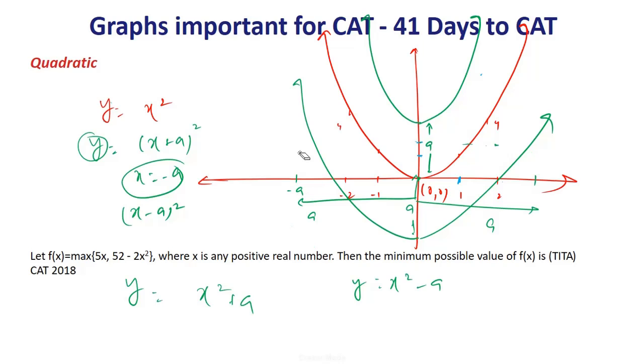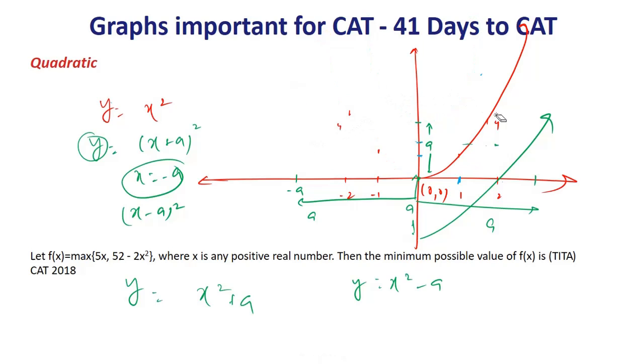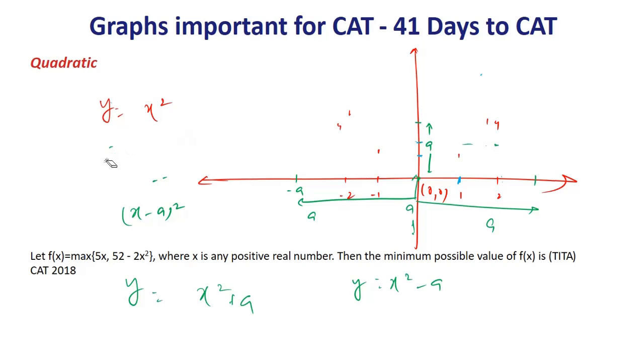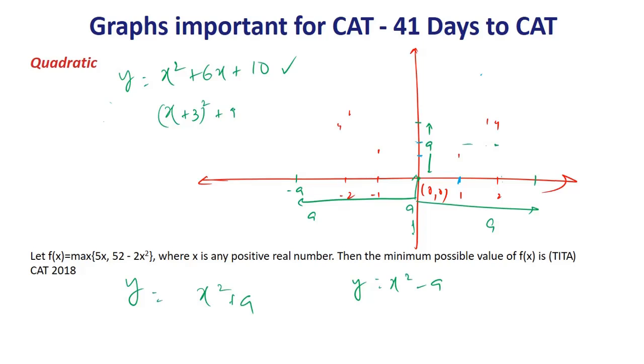Now let's take a full-fledged quadratic equation and quadratic expression and draw its graph so that we are absolutely clear. Let us say that I want to draw y is equal to x square plus 6x plus 10. How can I draw this graph? See, I can write this as x plus 3 whole square plus 1, right? So I know that y is equal to x square is a parabola, something like this.